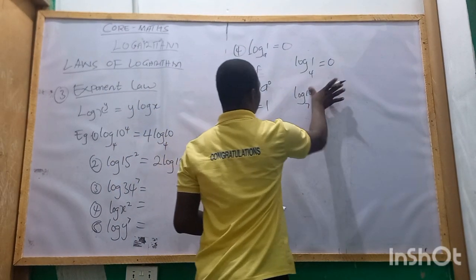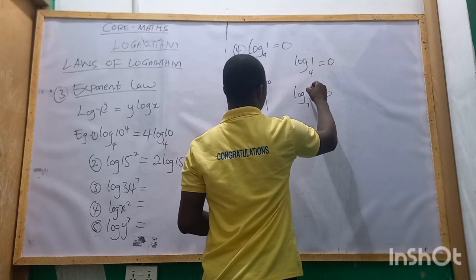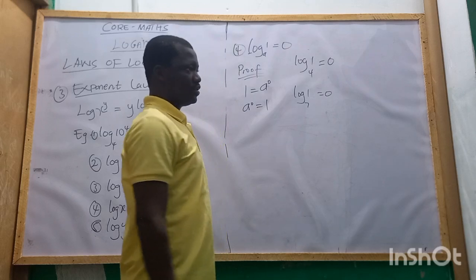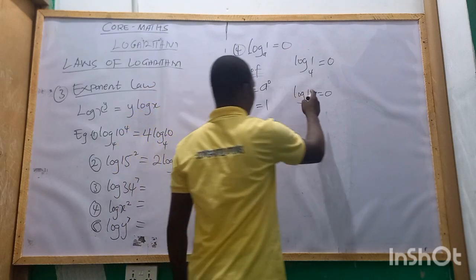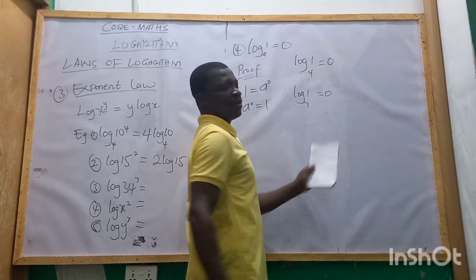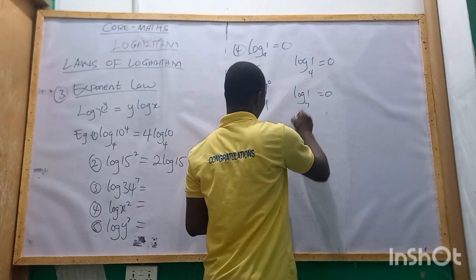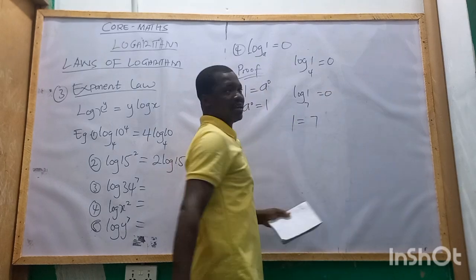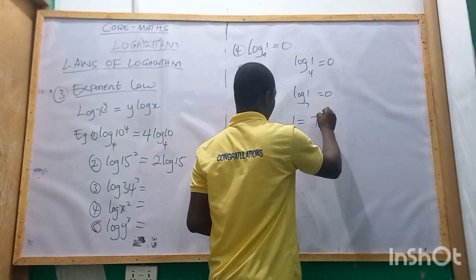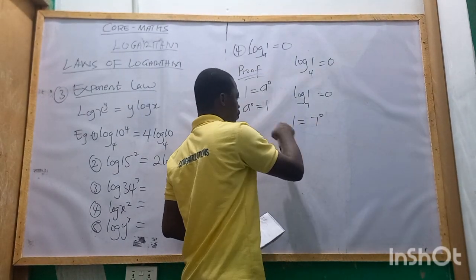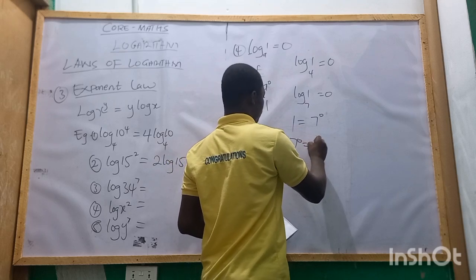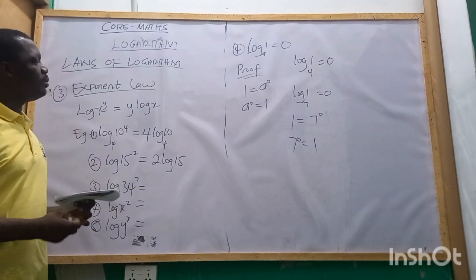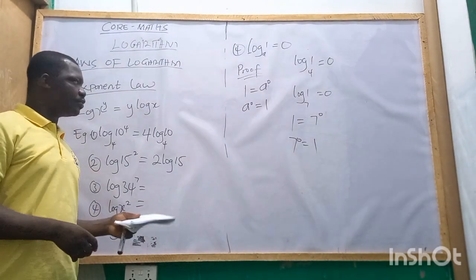Log 1 to the base 7 equal to what? 0. So if you want to write it, the number in front of the log, you write it on the left hand side. So 1 is equal to, this is our base 7. Then the number on our right hand side becomes our power, or the exponent, which is 0. So 7 exponent 0 equal to 1. In other words, 7 exponent 0 equal to 1. So log of 1 to any base is what? 0. Let's take notes, right?